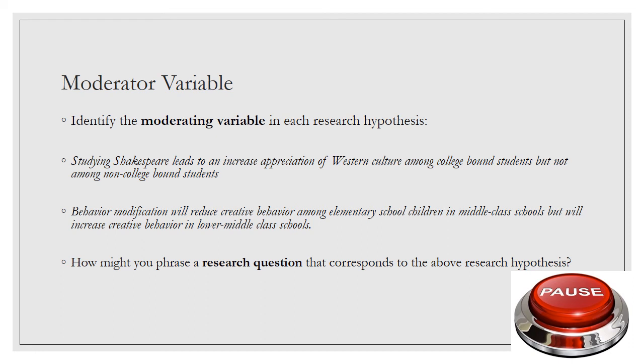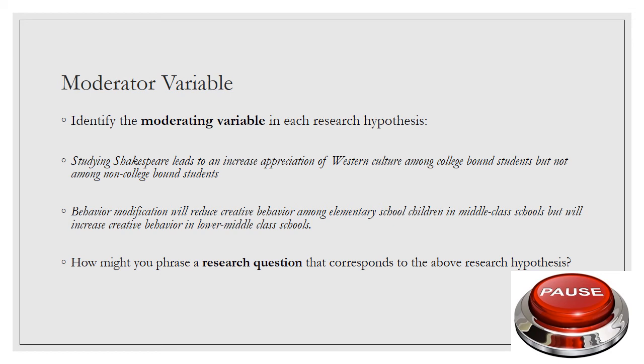So just as an example, you may have done something a little different yourself for a research question. We might be asking, for our first hypothesis, what effect does studying Shakespeare have on students' appreciation of culture? As a sub-question, is there a difference between college-bound and non-college-bound status?